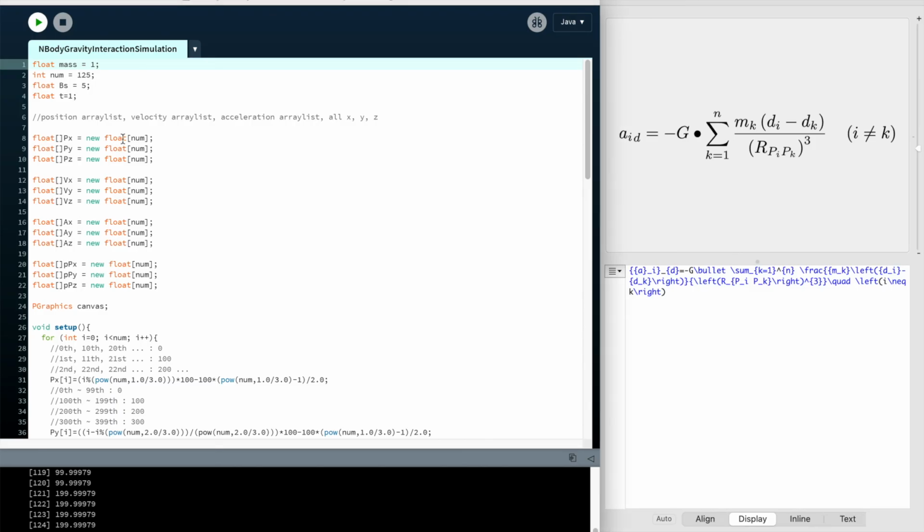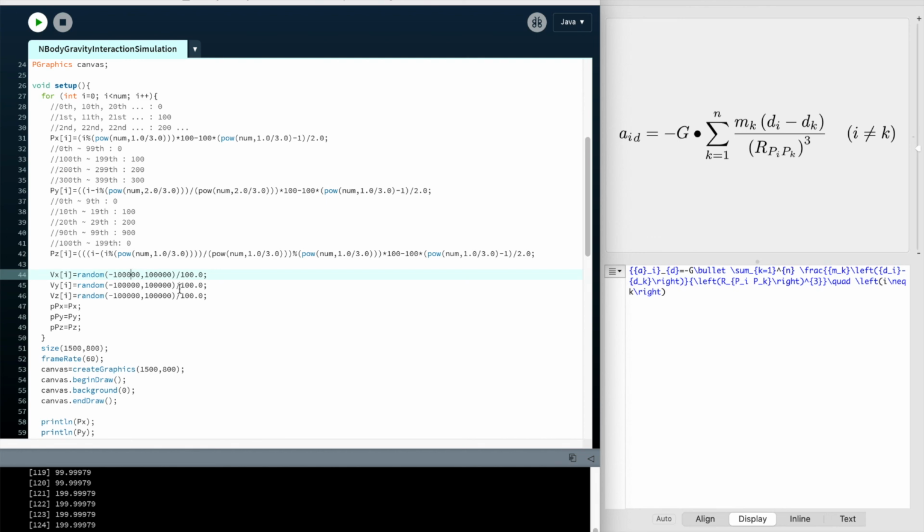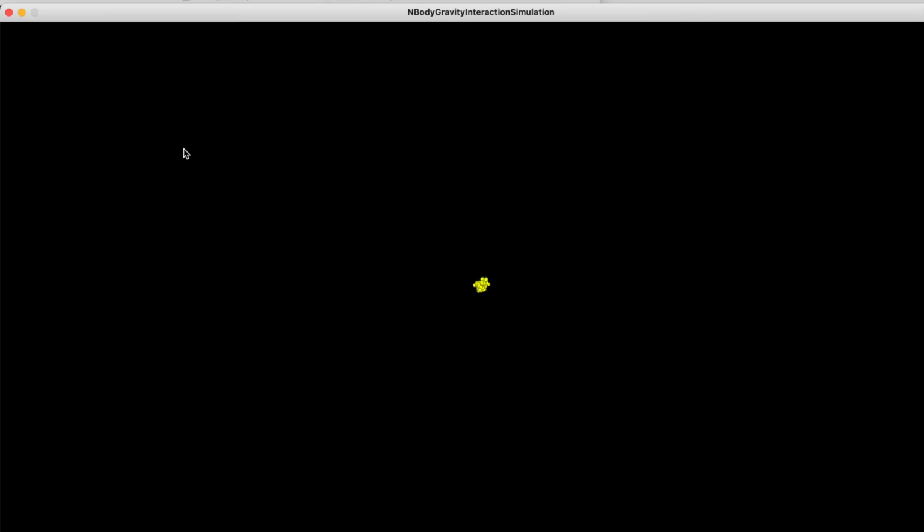Why are they distancing themselves? Or maybe the velocity is too big. Maybe that's the problem. They're still separating themselves. They're not pulling each other.